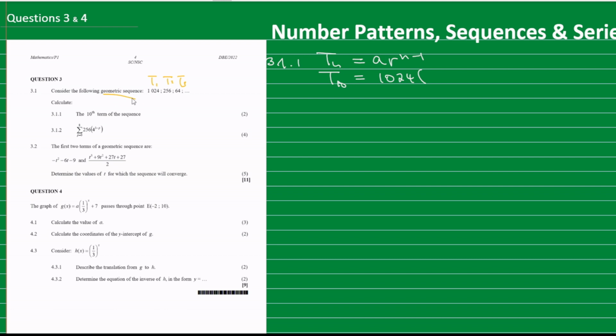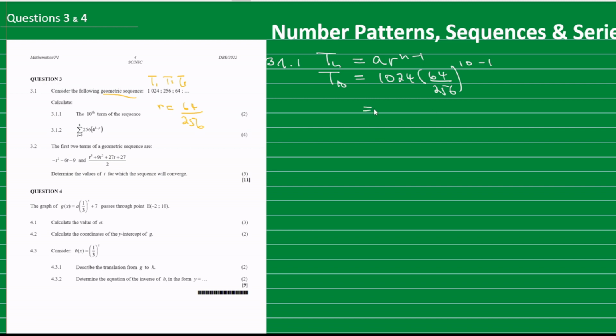We are already given that it is a geometric series, so we know that R is going to be T3 over 256, which is T2. So we can write it like that because we are going to enter it into a calculator, which is 64 over 256. It will simplify, of course, and then we are raising to the n minus 1, n being the position of the term, which is 10, so 10 minus 1, which is 9.